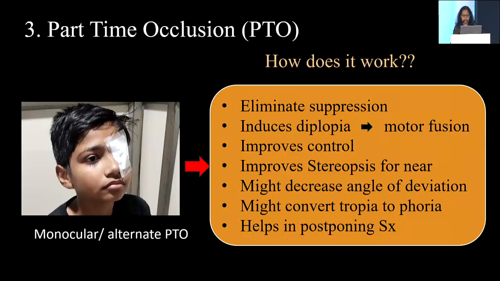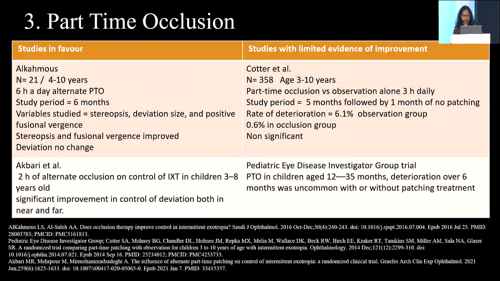Part-time occlusion works by eliminating suppression, so it helps the patient to appreciate diplopia and thus have motor fusion. It improves stereopsis and it might decrease the angle of deviation, and it can help in postponing the surgery. We can do monocular patching if you have a dominant eye, which is usually true in these cases, or you can do alternate patching part-time in these patients.